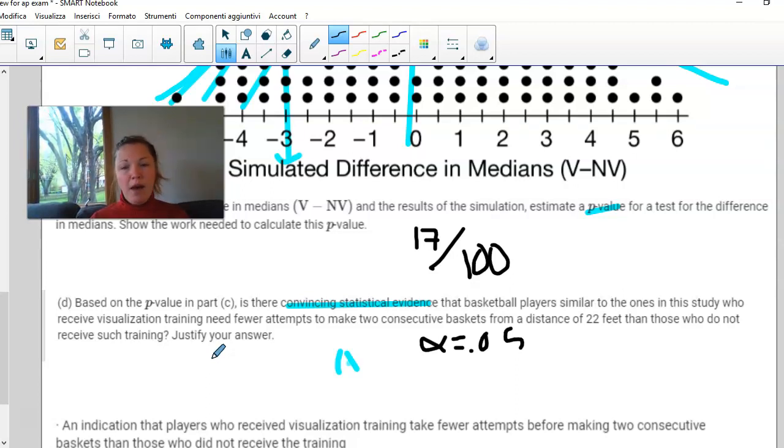We have no evidence that the basketball players similar to the ones in the study who receive visualization need fewer attempts to make 2 consecutive baskets from a distance of 22 feet than those who do not receive such training. Why? Because our p-value is greater than alpha.